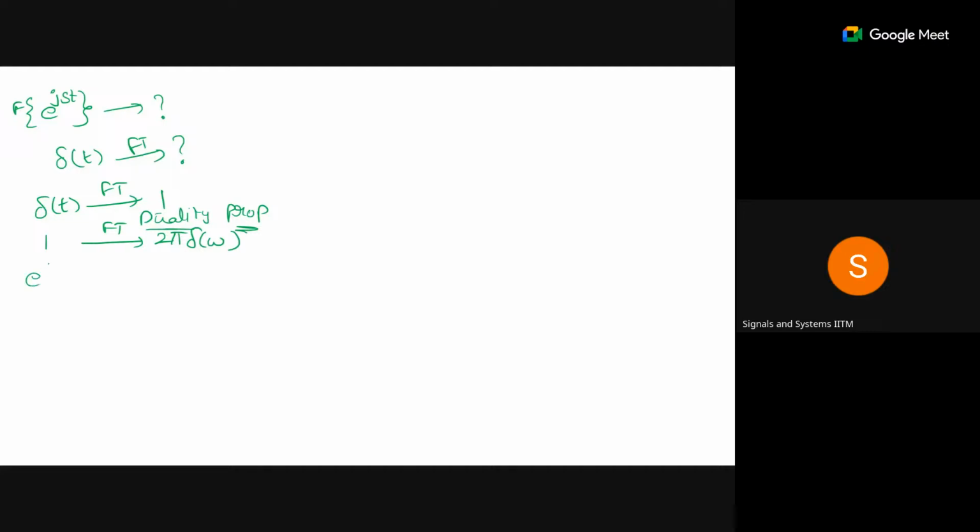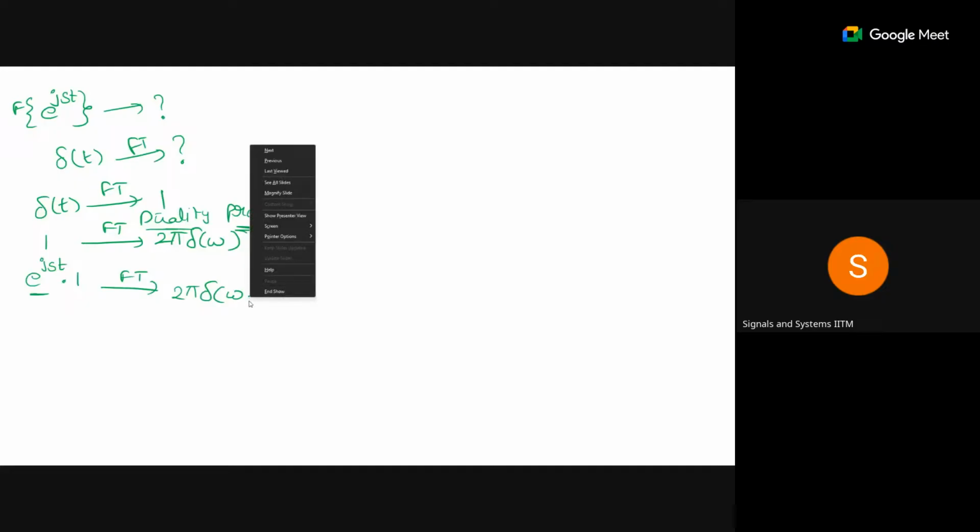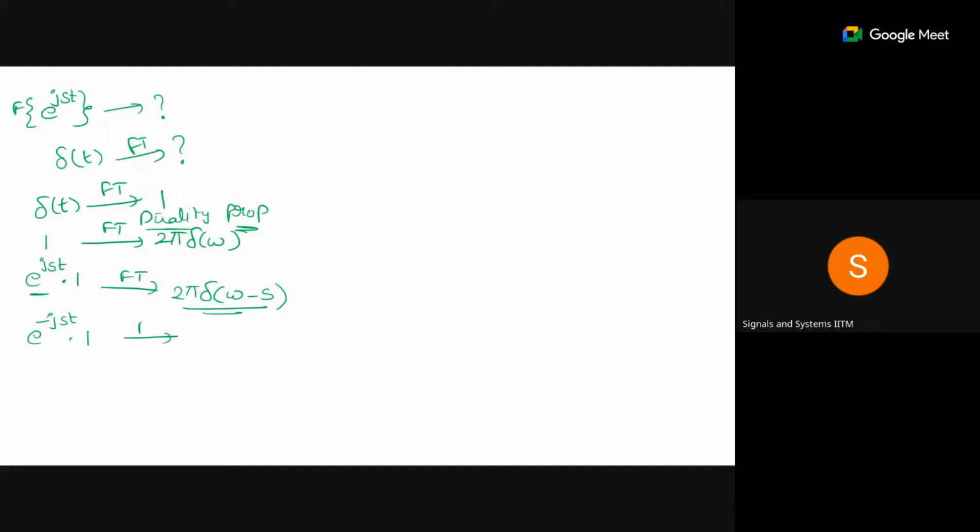If you multiply in the time domain with e power j s t, the Fourier transform shifts in the frequency domain by s. These properties were discussed in week 9, so you can check them. So the Fourier transform for e power j s t will be 2 pi delta of omega minus s.